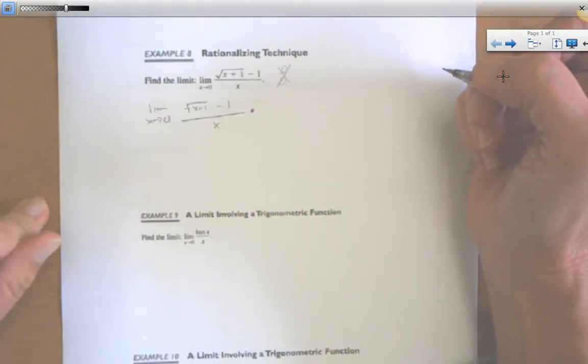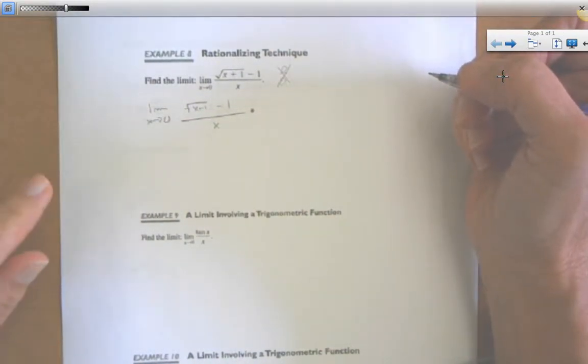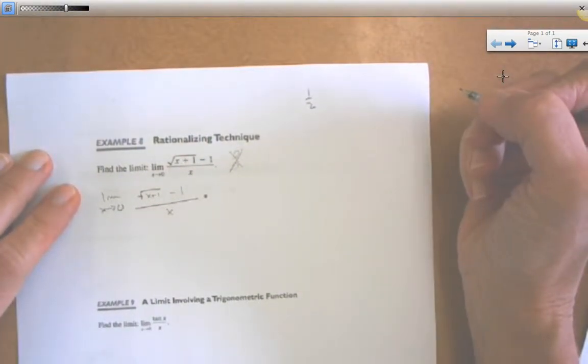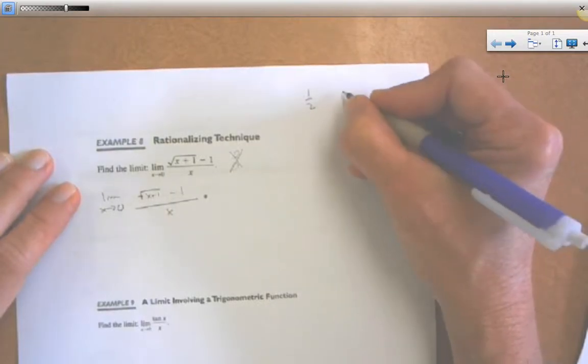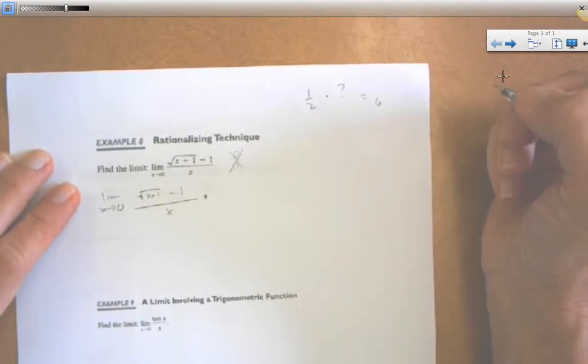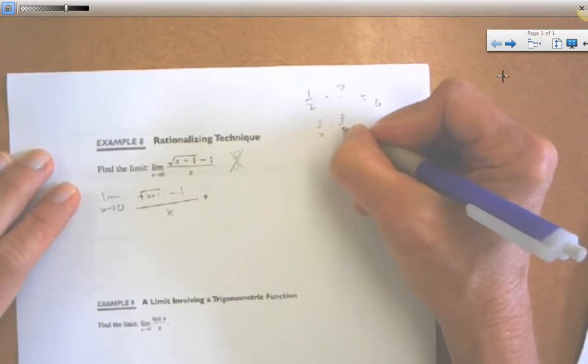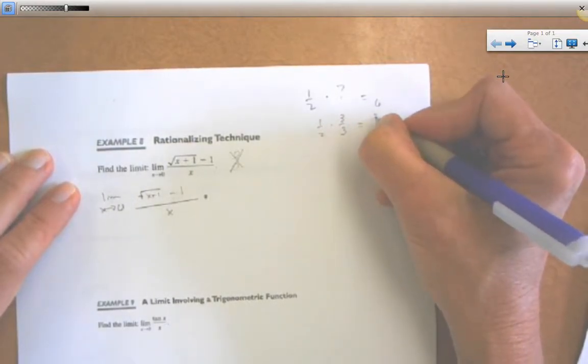I'm going to multiply by something to change the form of this fraction. Recall that if I want 1/2 to have a denominator of 6, I have to multiply it by something to make a denominator of 6. That in-between step is I multiply it by 3 over 3, which would give me 3 over 6.